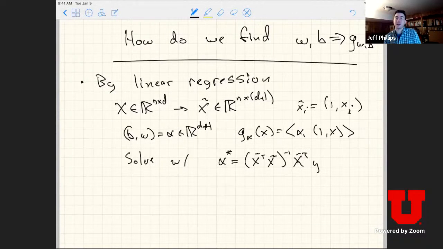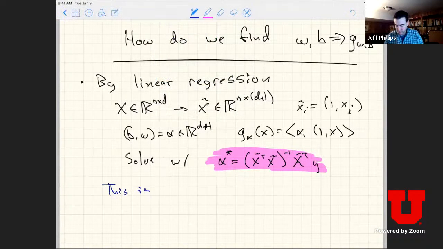Remember, y is an n-dimensional vector, where each value is -1 or +1. This is how we would solve for linear regression, solving for this value alpha. It's optimal in a sum of squares sense.